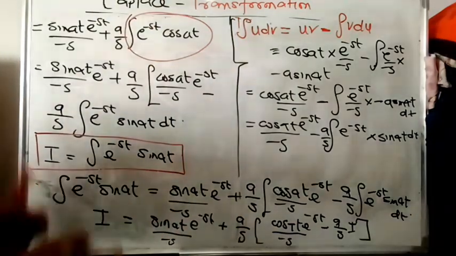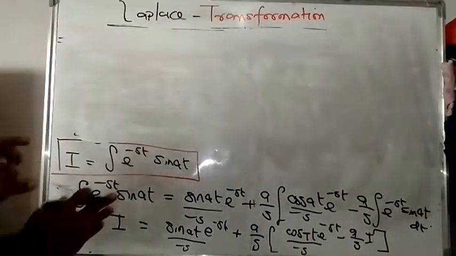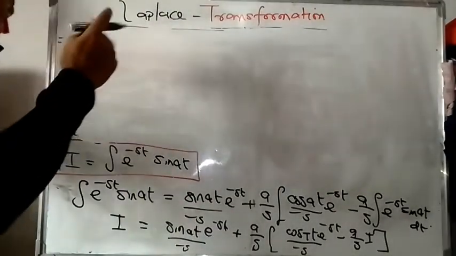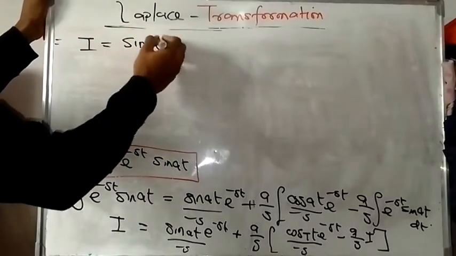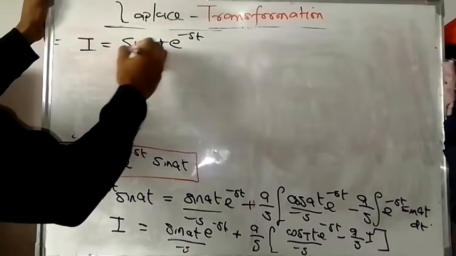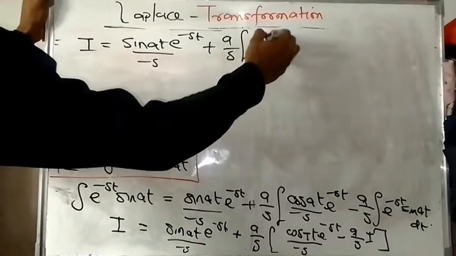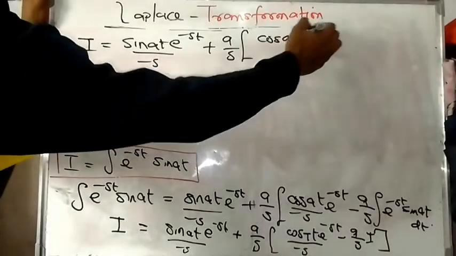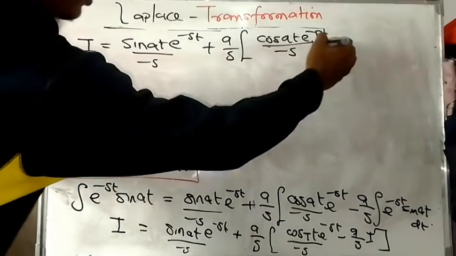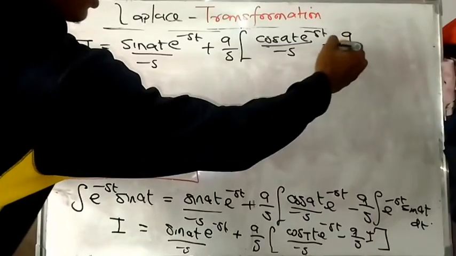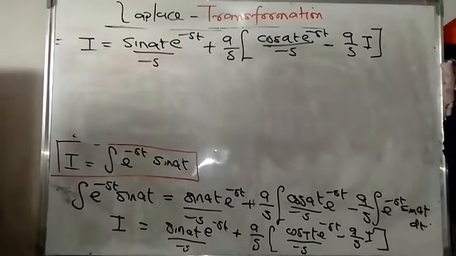So I'm going to rewrite this more simply so you can easily see it. We have I is equal to sine at exponential minus st divided by minus s plus a over s, open bracket cos at exponential minus st divided by minus s minus a over s I, close bracket, right?